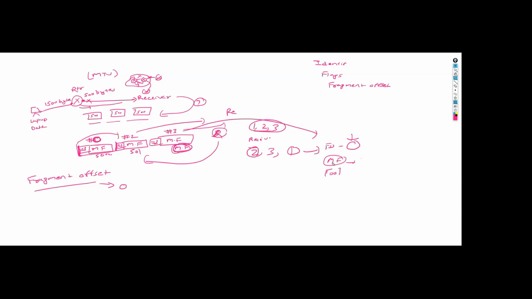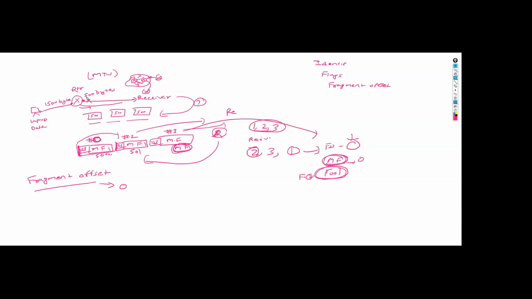The more fragment bit won't be there, but 1001 will be there in the fragment offset. This value will be 0, but here the value will be turned on. Let's say we keep more fragment bit as 1 here, and the more fragment bit will be 0 over here. And the fragment offset will be something like this.